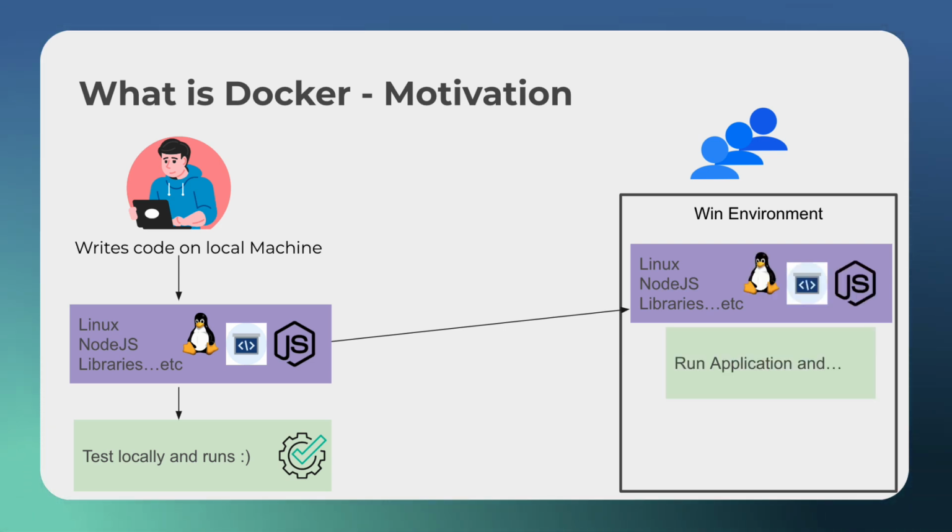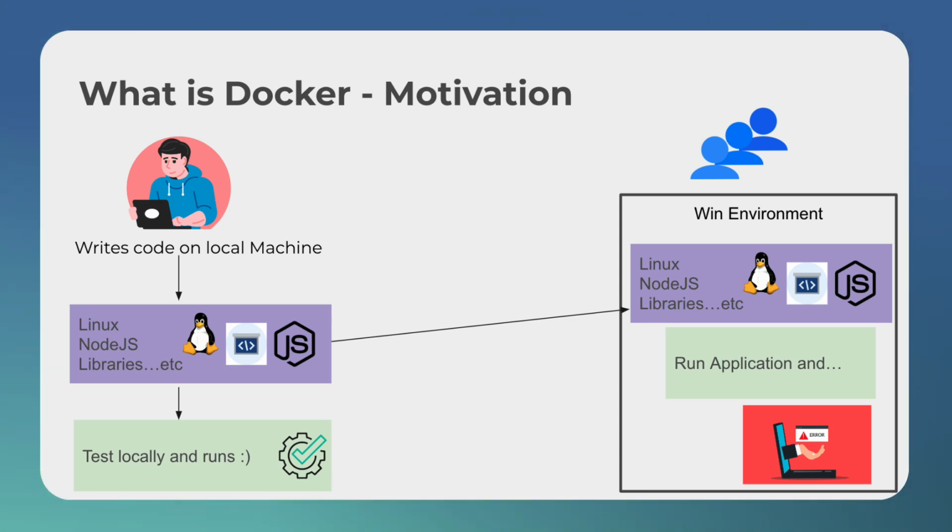And then, of course, the testers are going to go and run the application, but there will be a problem because now we are in a different environment. This is not going to work. So the testers won't be able to run this application when they try to run it. It all fails to work because, again, of the environment and the dependencies, as well as the libraries that may not work on a Windows environment, as an example.